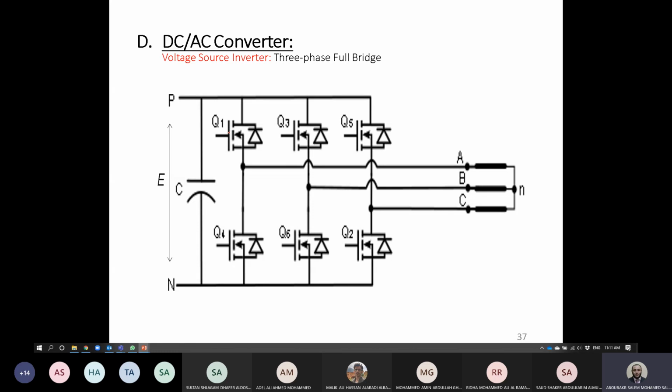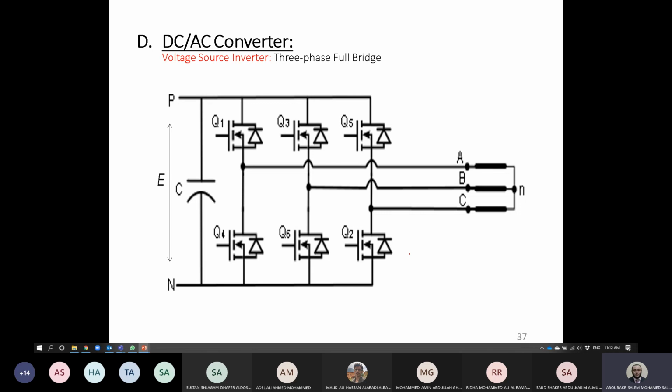So here Q1 plus 3 will be Q4. Here Q3 plus 3 will be Q6. Here Q5, if you subtract 3, it will be Q2, because we have only 6. So the difference between upper and lower numbers all the time will be 3. The upper switches 1, 3, 5, the lower switches 4, 6, 2. This is standard for the names of 3-phase inverters.